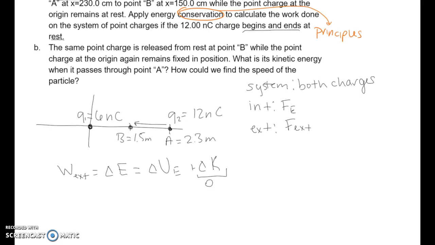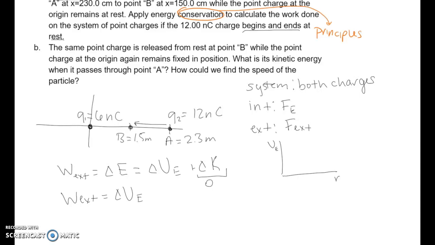So before I start computing things, we see here that the work done by our external force is going to be the change in electric potential energy. Now I'm going to think about whether I expect this to be a positive value or a negative value before I move on. So here we're dealing with 2 positive charges. So if we think back to what the electric potential energy graph looks like for 2 positive charges, they're repulsive.